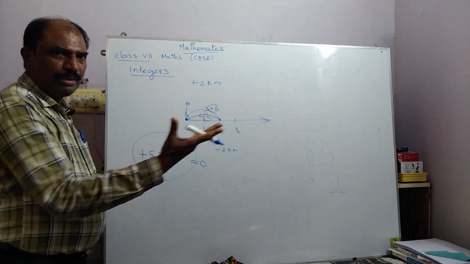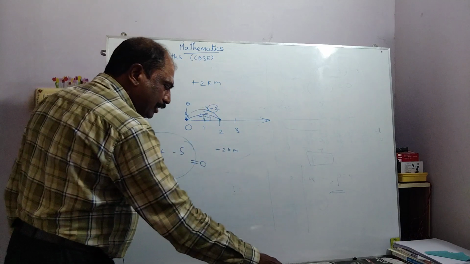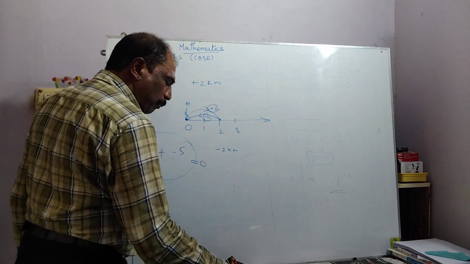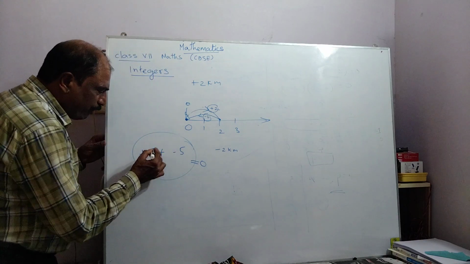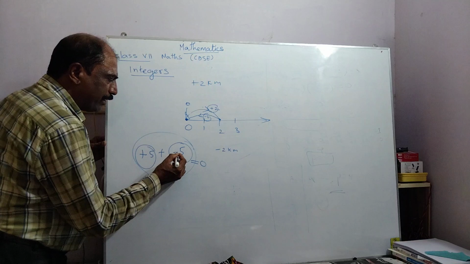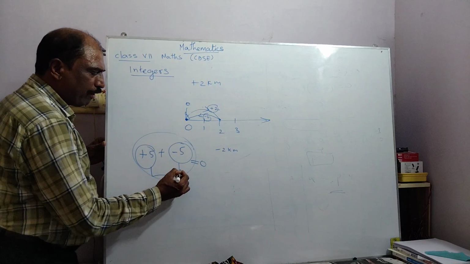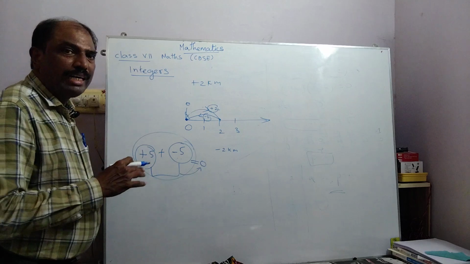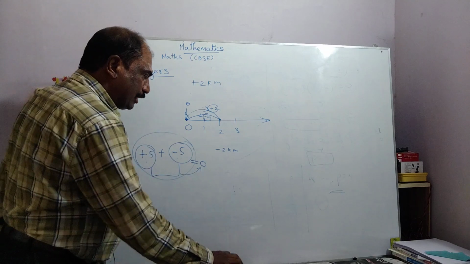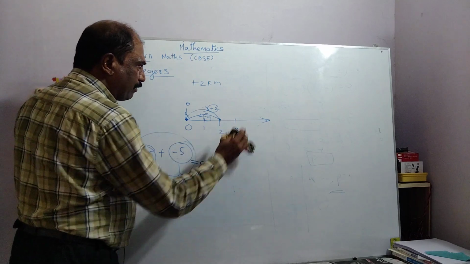Then what is with him? Nothing. So these are opposite numbers, and when we add the same numbers with different signs, we get 0. Such numbers we say are additive inverses of each other.